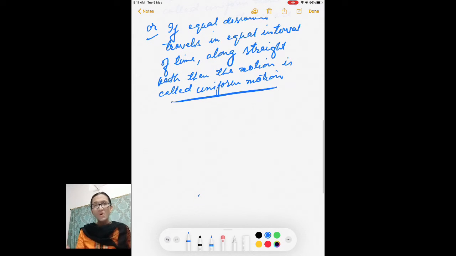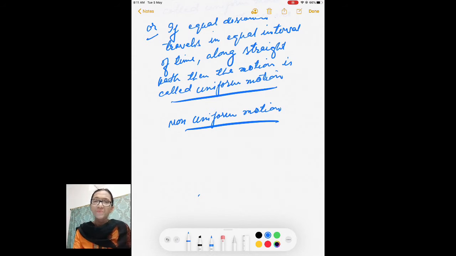Now what is non-uniform motion? If equal distances are not being covered in equal interval of time, then such motion you can call non-uniform motion.